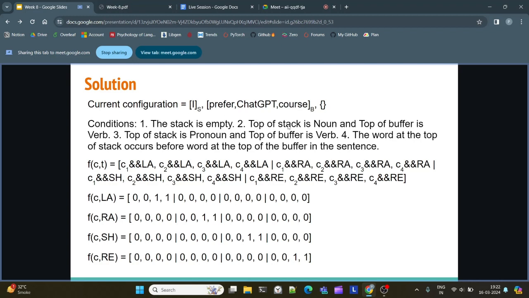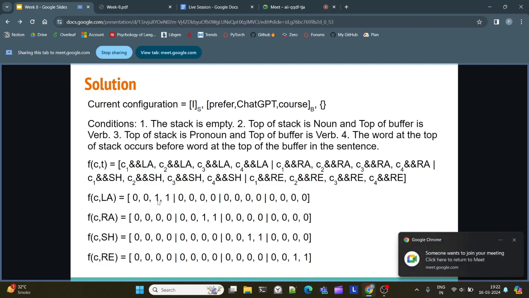So this is again false. The third condition is the top of the stack is pronoun and the top of the buffer is verb. So the third condition, C3, evaluates to true, and I am performing a left arc transition. So both are true, that gives me an overall value of true, and so I have a 1 over here.